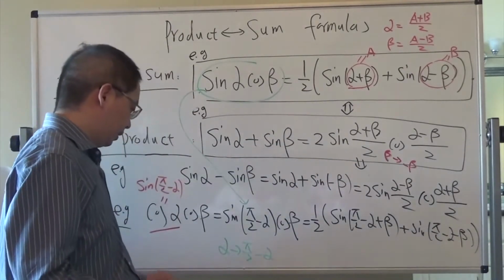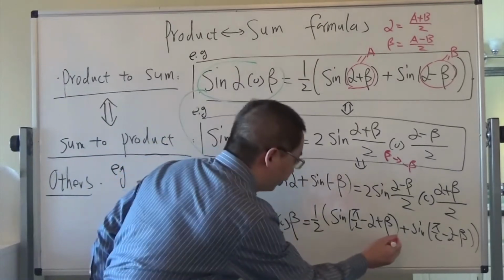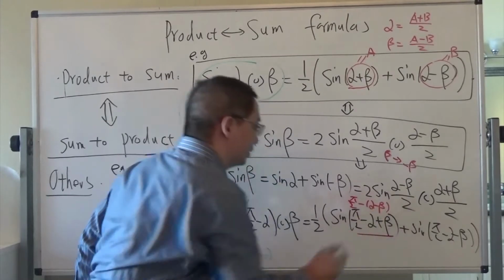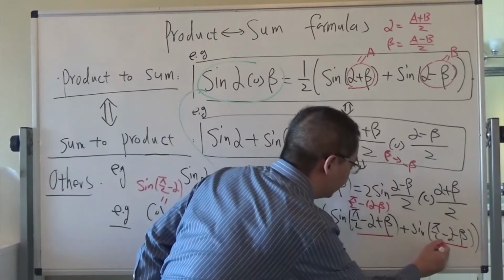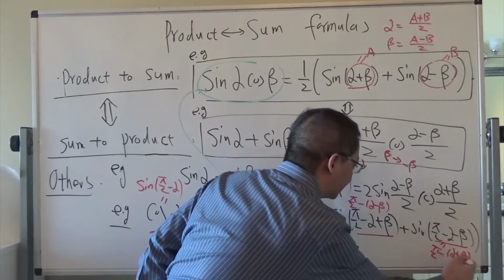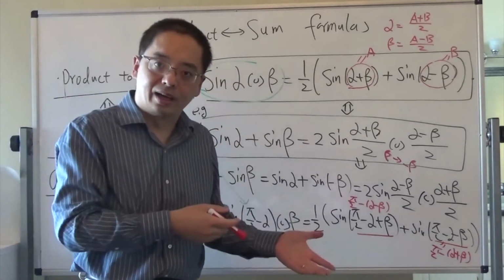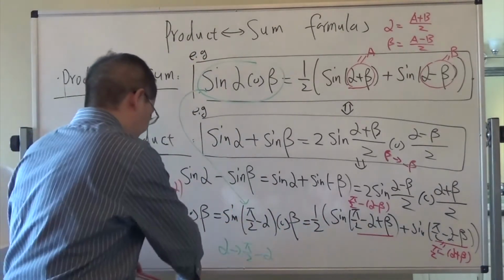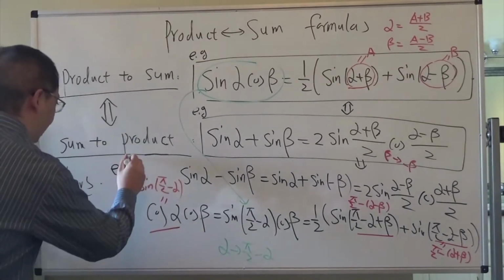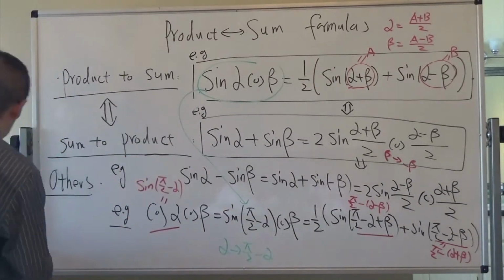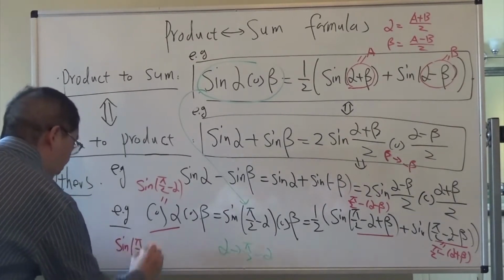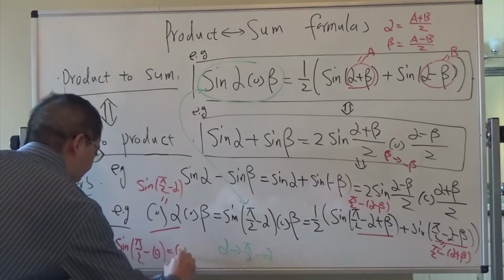Now, for this one, the angle equals pi over 2 minus alpha minus beta, and this one equals pi over 2 minus alpha plus beta. And then we again use the trigonometric identity, sine(pi over 2 minus theta) equals cosine theta.